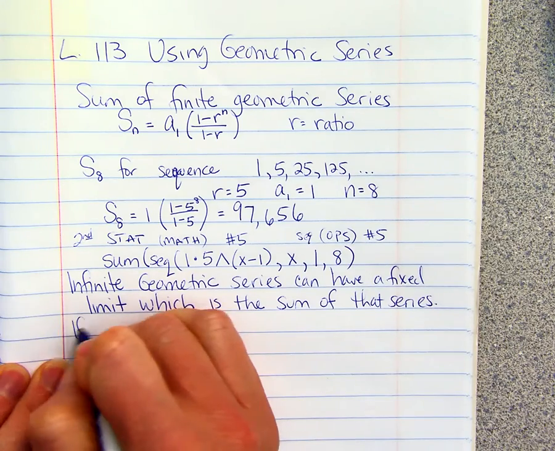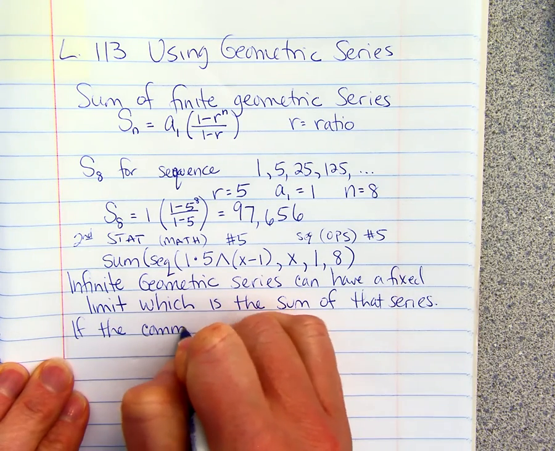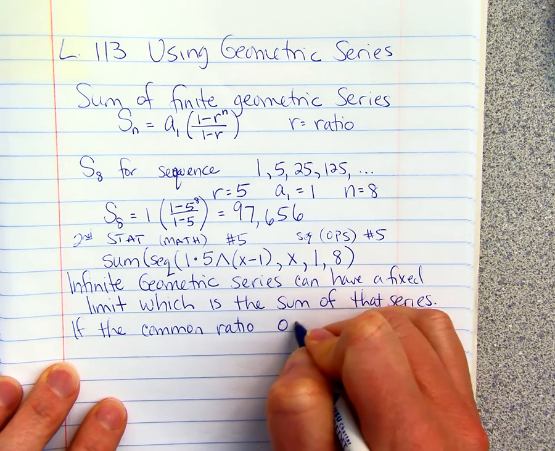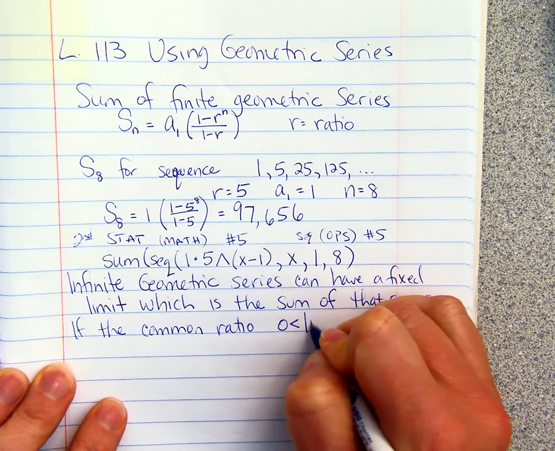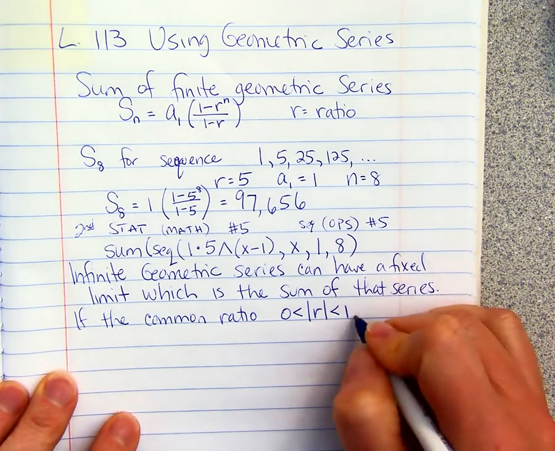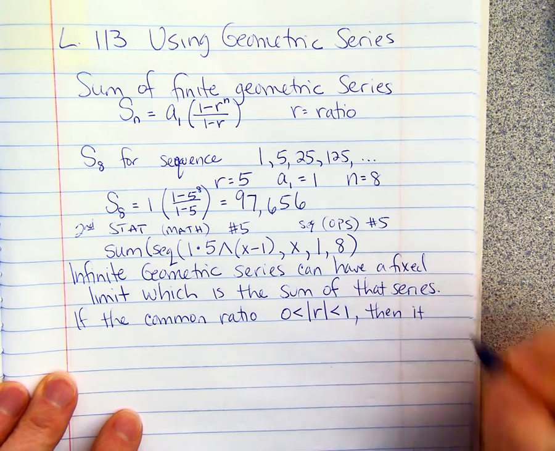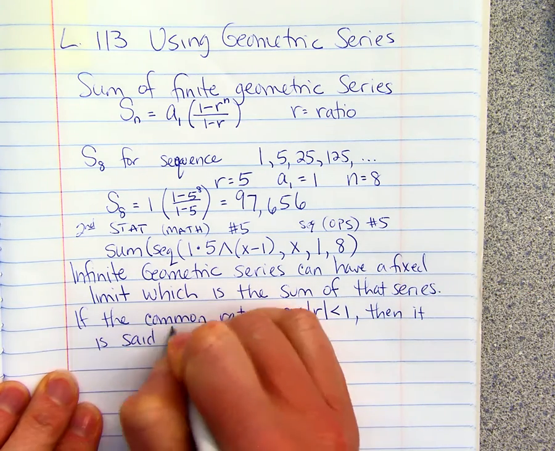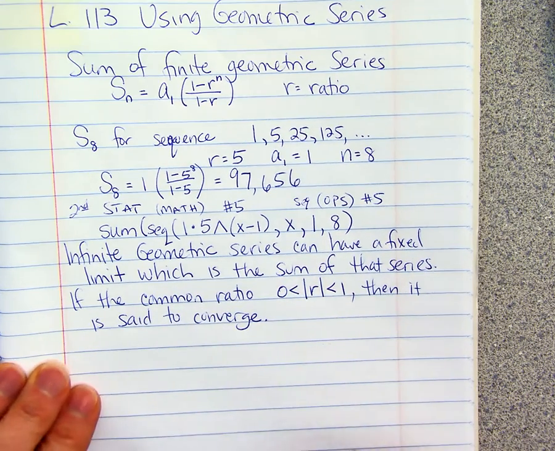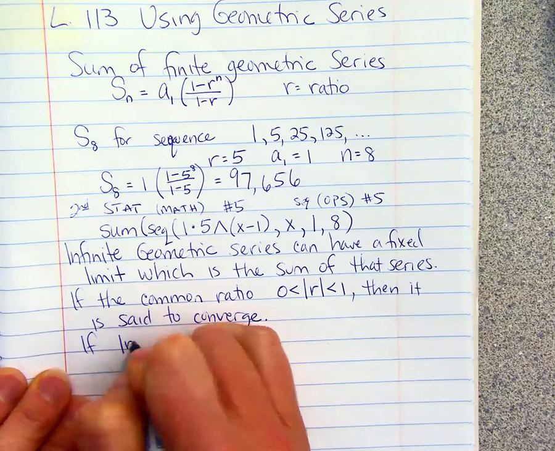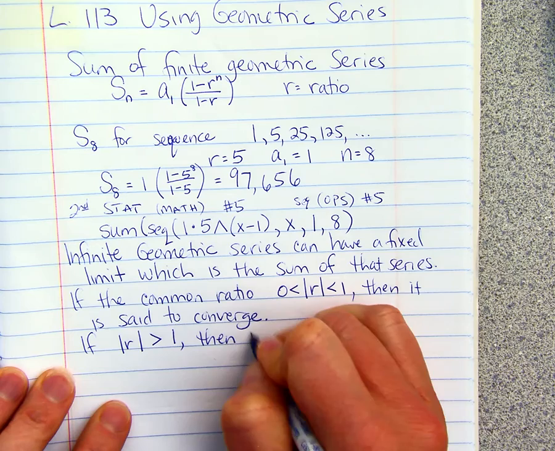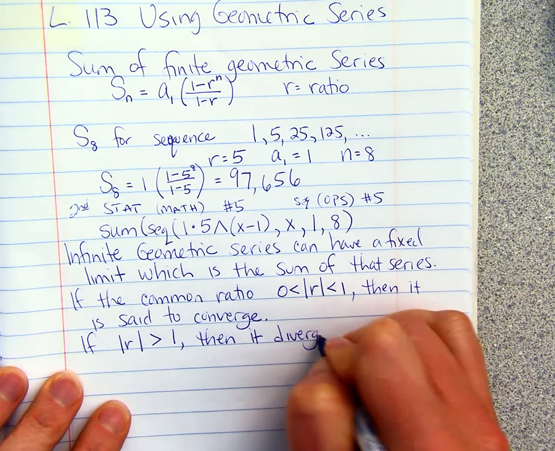If the absolute value of the common ratio is between 0 and 1, then it is said to converge. If the absolute value of the ratio is greater than 1, then it is said to diverge.